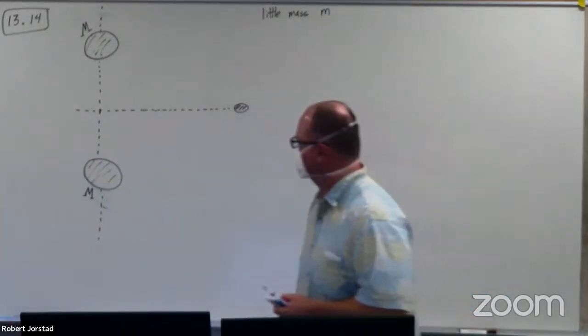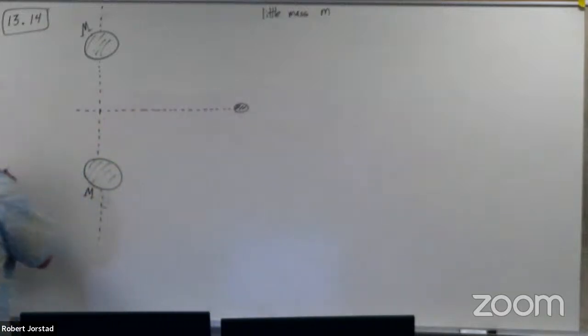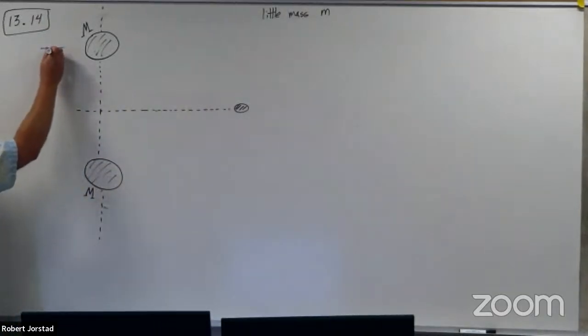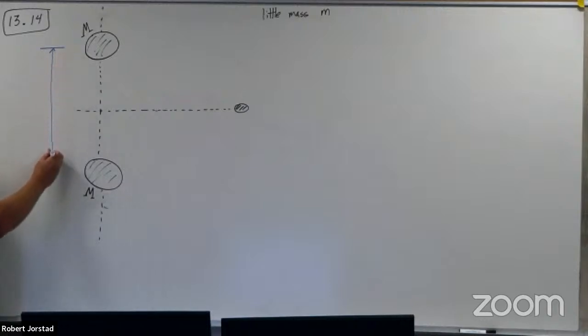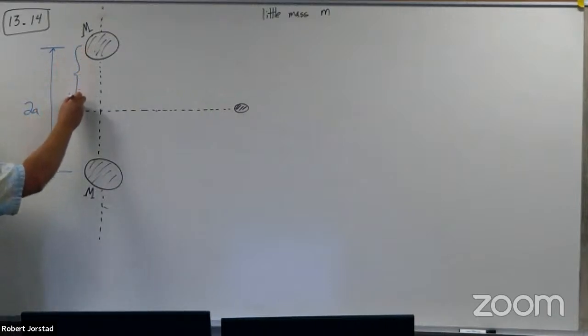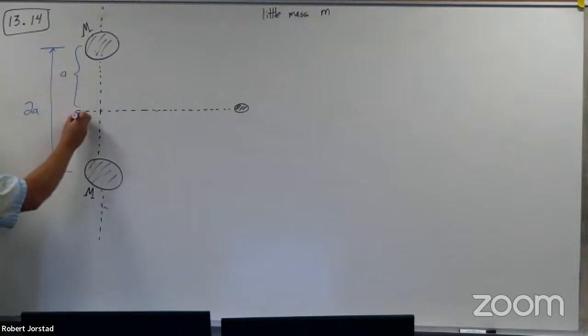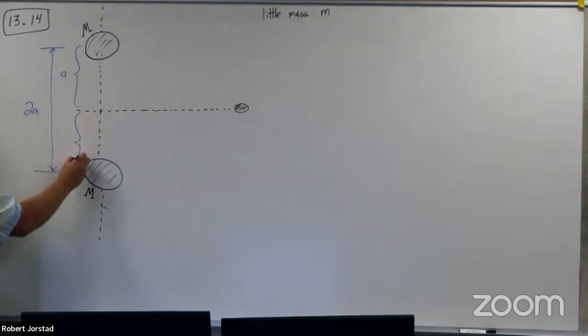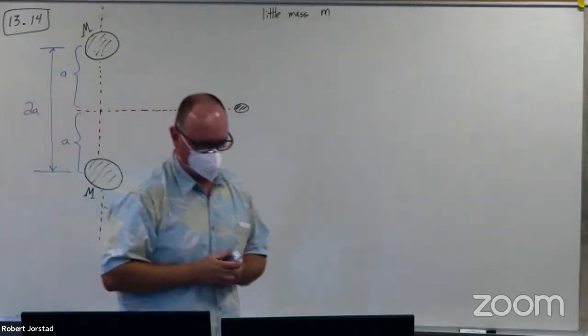Now we're told that the distance between them is not A, but 2A. So in particular, notice the distance right here would be A above, and this is A below, because I believe it says that exactly in the problem.